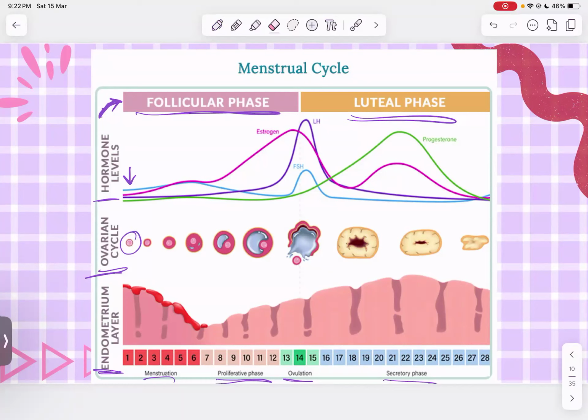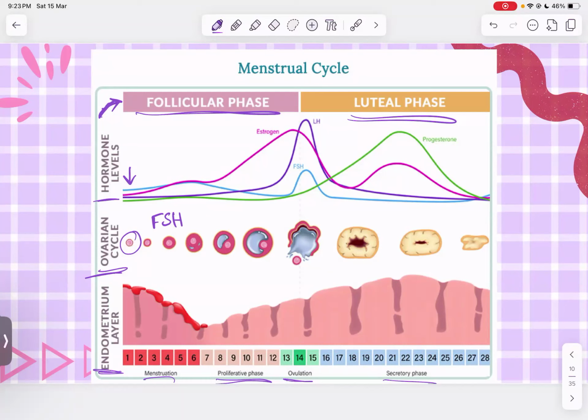When FSH and LH are being released from the pituitary gland, they go to the ovaries, and they stimulate the ovaries to pick or choose a bunch of follicles that will grow, okay? That is usually the role of FSH, okay? So FSH will be the main focus here. And we are talking here about the follicular phase, right?